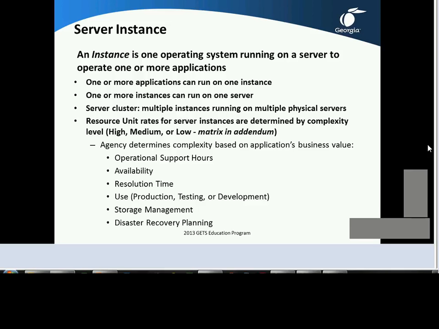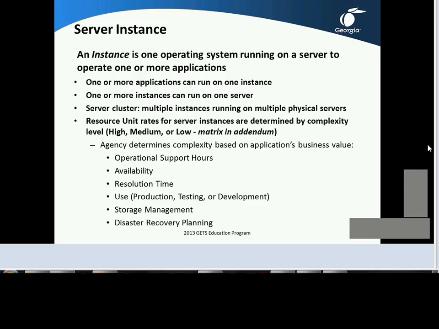If we relate it to the EUC world, that's like having Office and email running on your laptop, two different applications on the same operating system. But also one or more instances can run on one server. Now, we don't really do this today, but that's like having Windows 7 and, let's say, the Apple Mac operating system running on the same piece of hardware. Some people do boot that way.